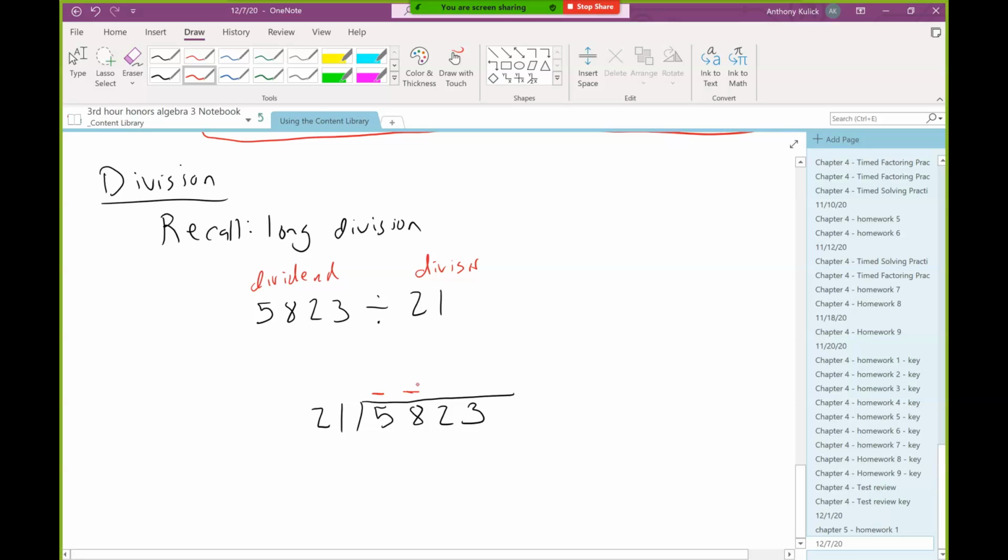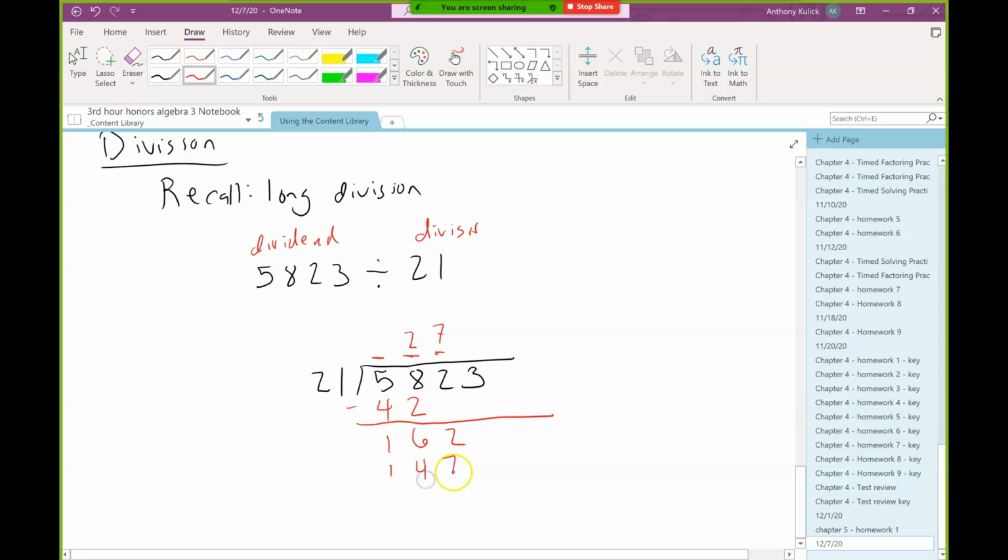We say, okay, how many times does 21 go into 58? That's 2. So 2 times 21 is 42. And then we subtract down. And then we ask ourselves, how many times does 21 go into 162? Well, that's 7.